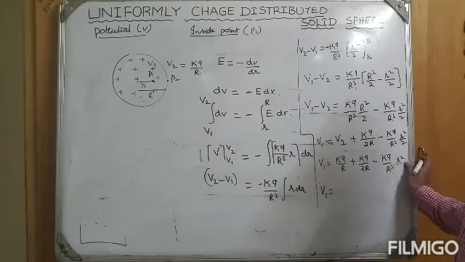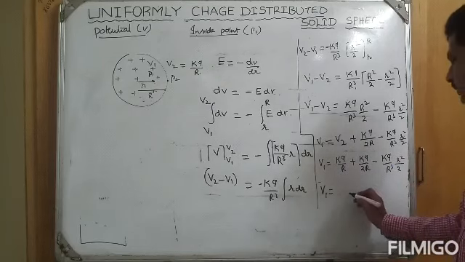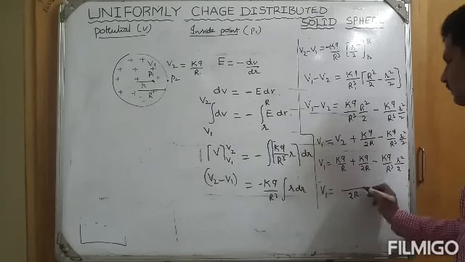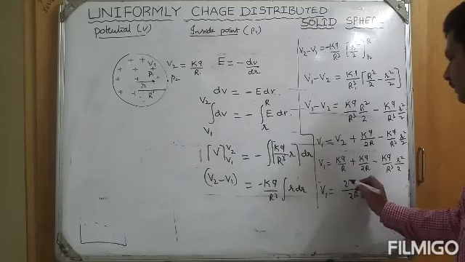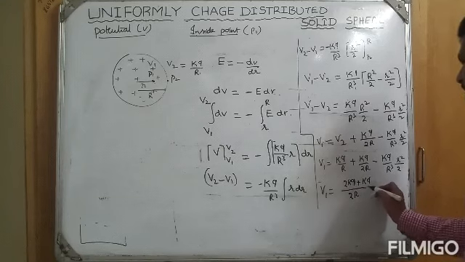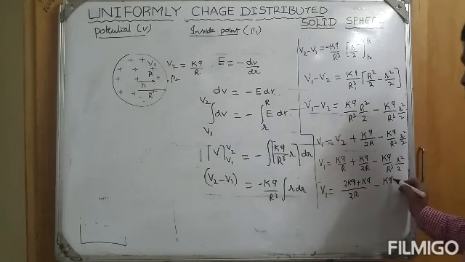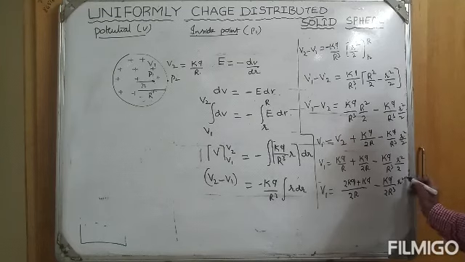This is also 2. If you simplify, this value will be 2R, that 2 times, and this is 1 time, 2KQ plus KQ minus KQ by 2R cube into r square.